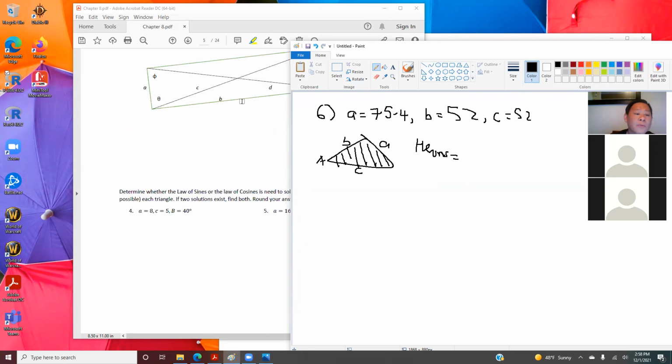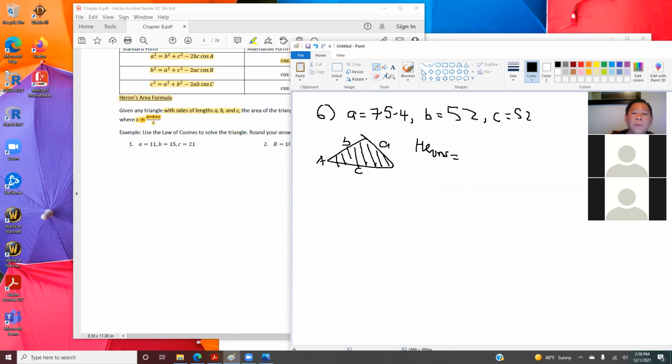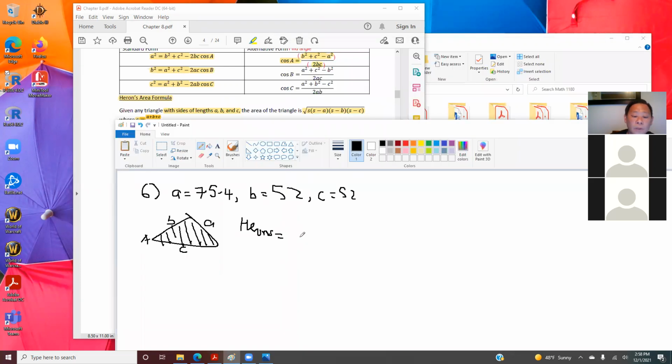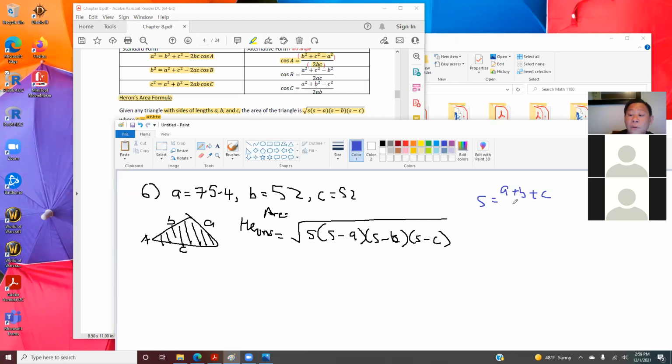The Heron's formula is given by: the area is the square root of s times s minus a, times s minus b, times s minus c. Where s, you have to find the s first. S in this case is a plus b plus c over 2.